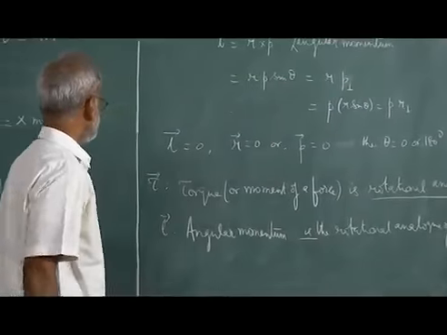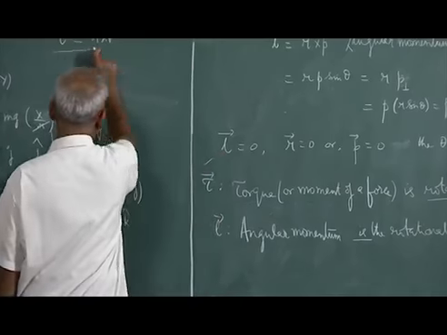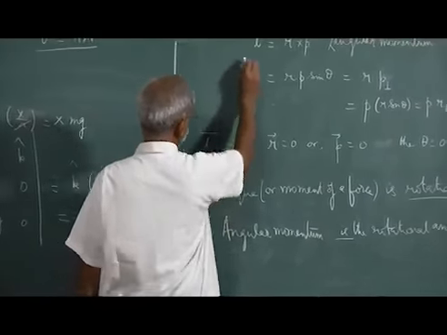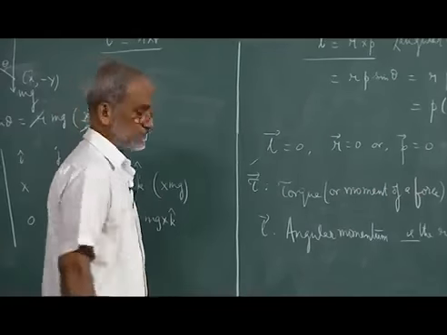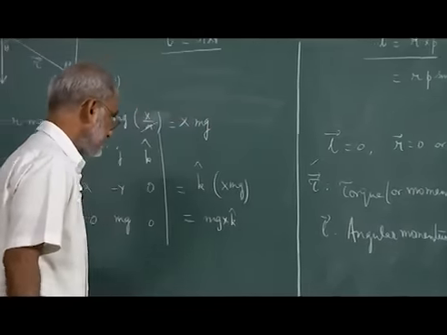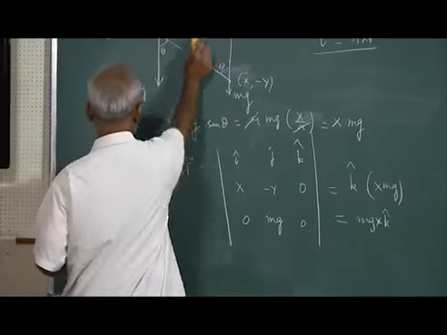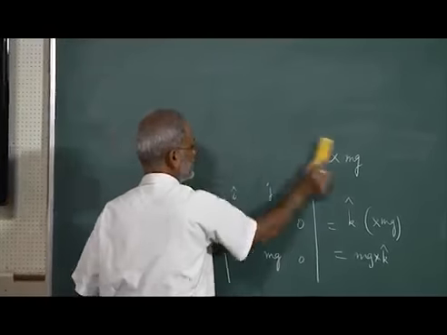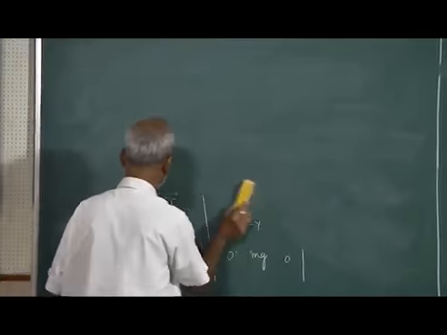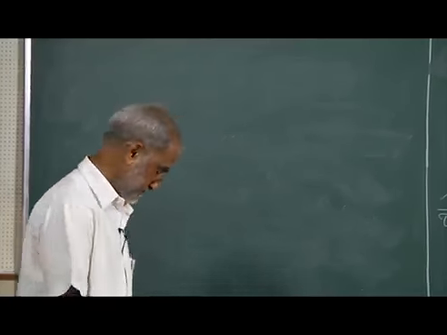Now you may ask me, sir, today we have got two quantities, tau, which is defined like this, and L, which is defined like this, which of course even in linear motion we have defined earlier. Is there any connection between these two? That is what we are going to discuss next, the relation between them.